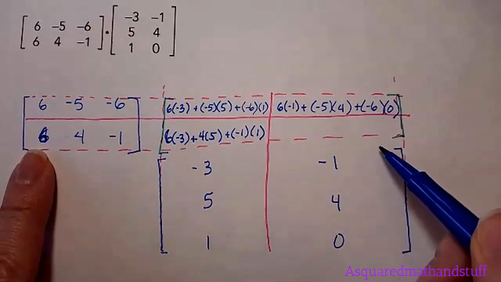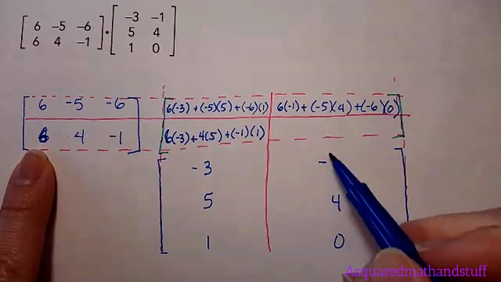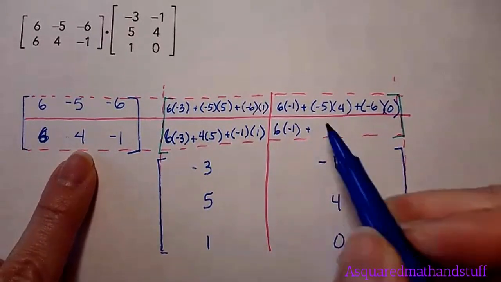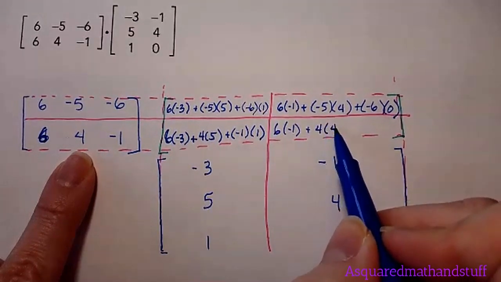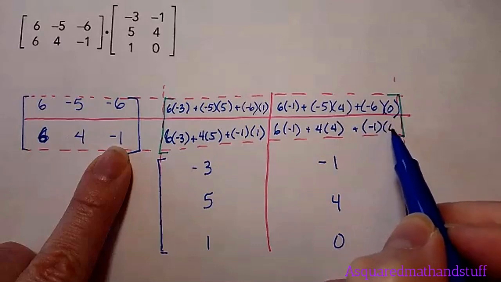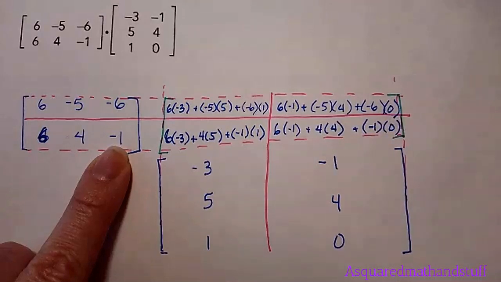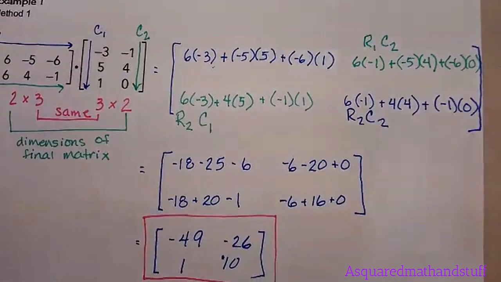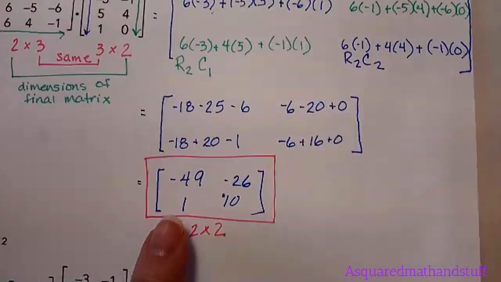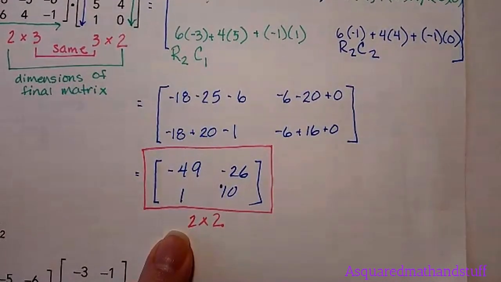And finally, row 2, column 2, we go across and down. 6 times -1 plus 4 times 4 plus -1 times 0. And when we work this out, we should get the exact same values that we got on our previous example. We should end up with a matrix that looks like this once we multiply those out with a final answer that's exactly the same.